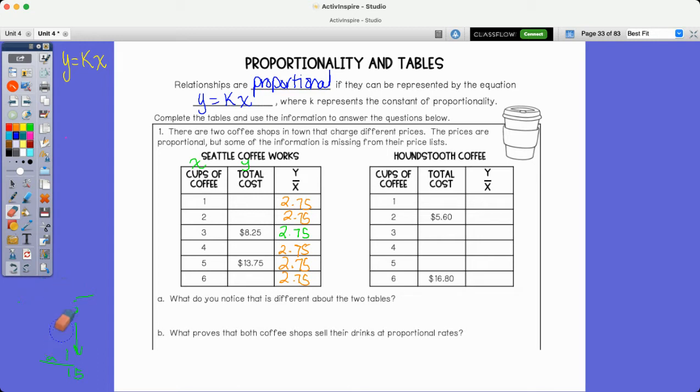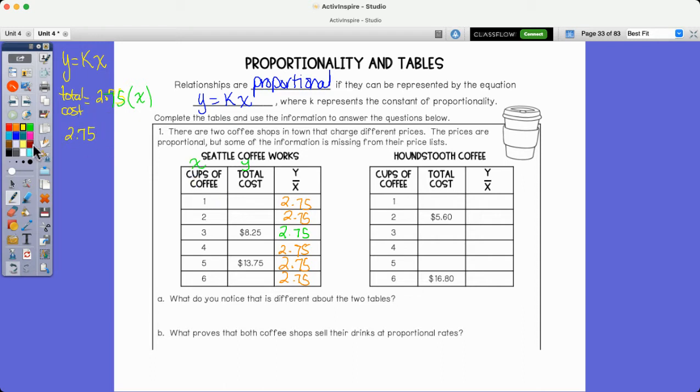If I am searching for y, that's great. It's telling me to find the total cost, I multiply 2.75, because that's my constant of proportionality, times x. In this case, the numbers 1, 2, 3, 4, 5. So that's what we're going to be doing to figure this out.